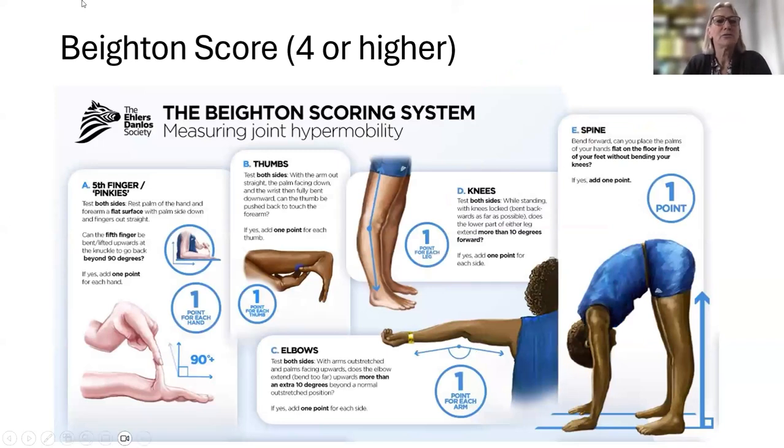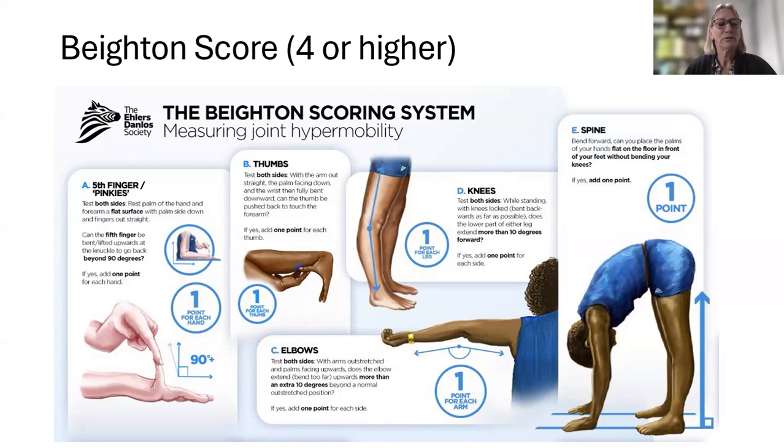So here's the Beighton Score. The scoring system is a score out of 9. And what it looks at is, first of all, the pinkies, the fifth finger in each hand. So with your hand flat, can the little finger be extended more than 90 degrees back off the surface of the table?